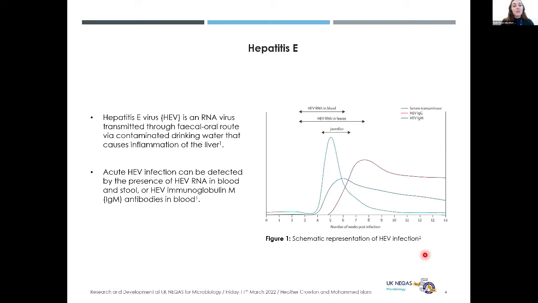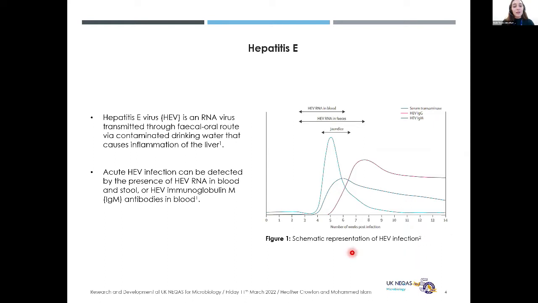So just to give you a bit of background on hepatitis E, it's an RNA virus which is transmitted through the fecal oral route via contaminated drinking water that causes inflammation of the liver. An acute hepatitis E infection can be detected by the presence of hepatitis E RNA in blood and stool, or immunoglobulin M antibodies in blood.